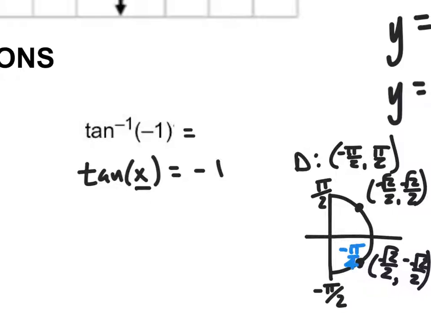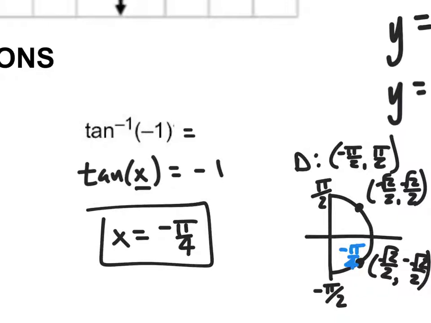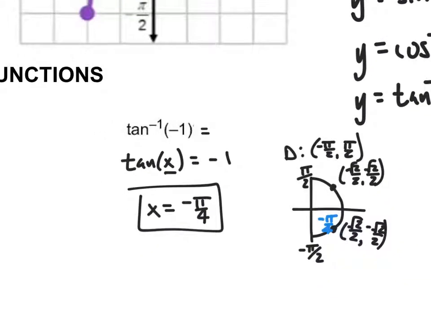Okay, you wouldn't want to use 3π/4 because that wouldn't be in our domain for my inverse tangent function, or my tangent function. Okay, so if you're given this inverse tangent function and being asked to evaluate it, okay, use your regular tangent function to think about it and draw your unit circle, and then x is simply just going to give you -π/4, and that's how you'd solve that. So again, I'm not doing like a whole lot of work. It's just a lot of thinking and knowing what are you looking for, okay?